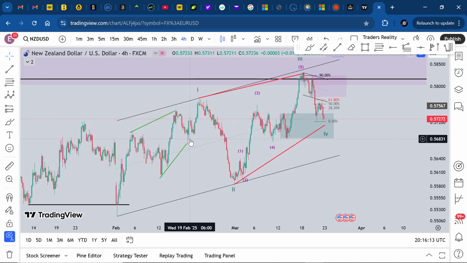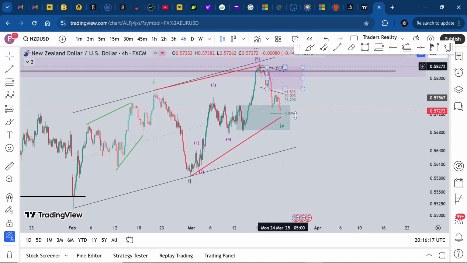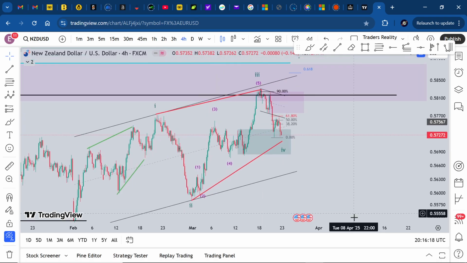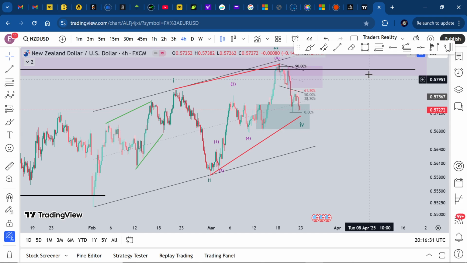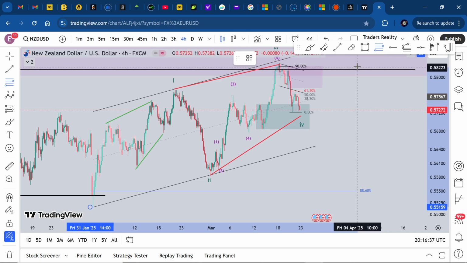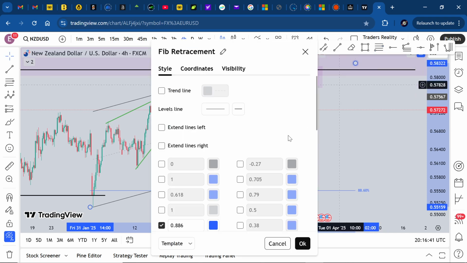The next thing would be ABC crash, or ABC in a W, say ABC in the X and ABC in the Y. I just want to pull out the 0.382.